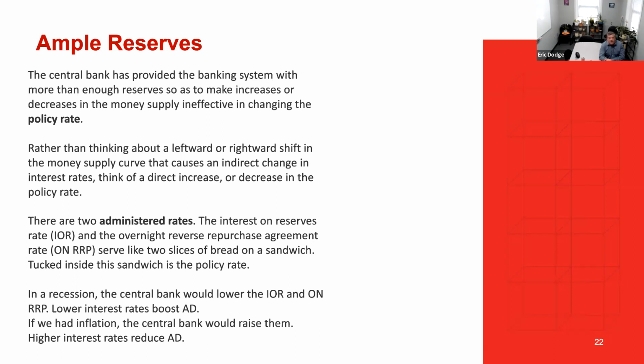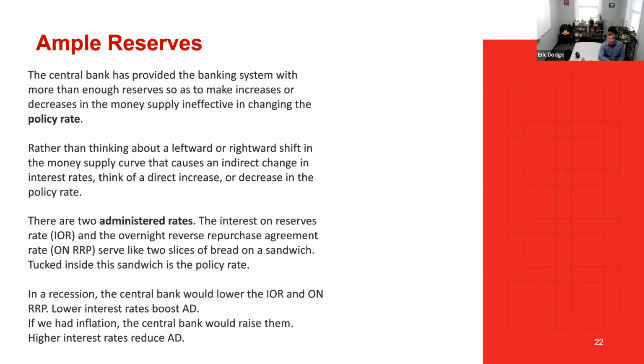So the current way of doing monetary policy in a banking system with ample reserves is actually simpler to describe and draw on an FRQ. This is just a really quick overview. What the macro course description describes is a policy rate. That is an interest rate.